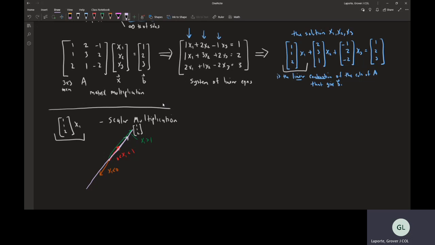So that's really all that happens with scalar multiplication: it simply changes the size of the vector, or gives the opposite direction if it's negative. But you're still on that same line. All these vectors are considered parallel to each other.